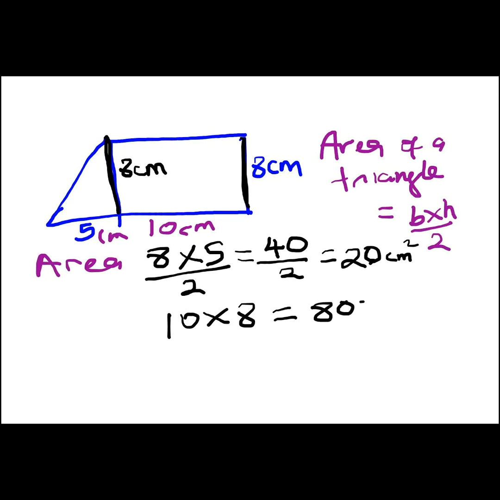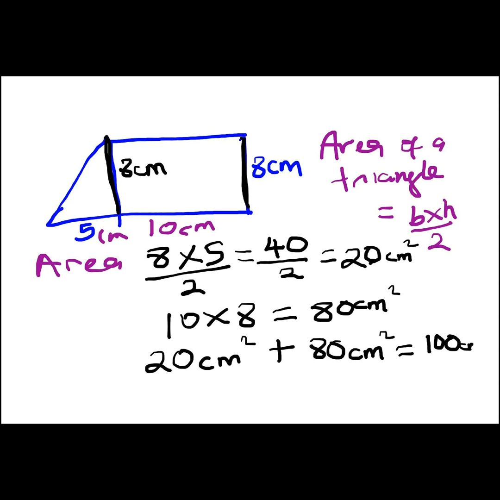Divided by 2? No, you can't divide the rectangle by 2. Okay, I understand now. So you now add them together. 20 centimeters squared plus 80 centimeters squared. That gives you what? 100. All right, that's cool.